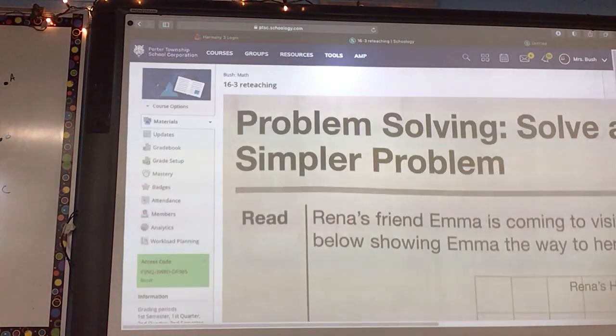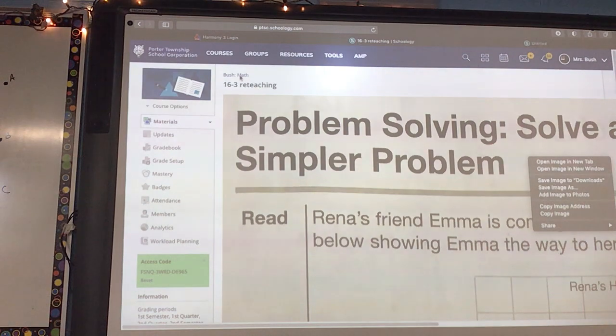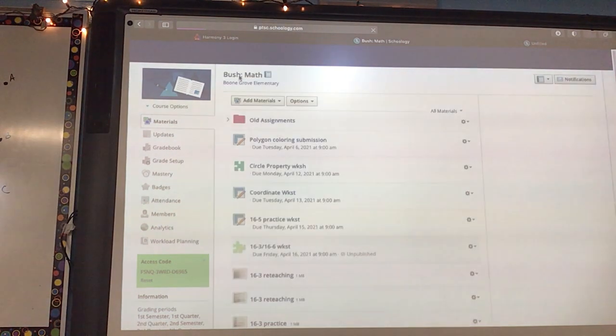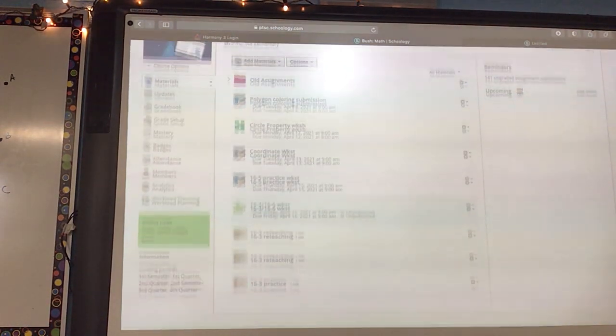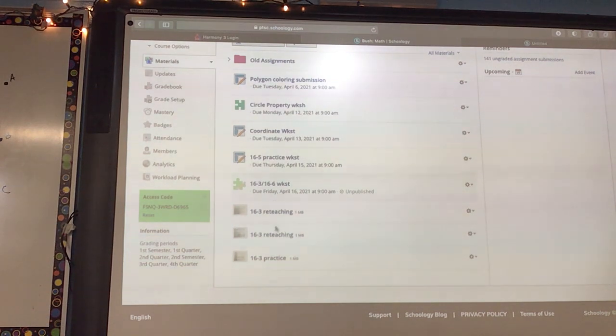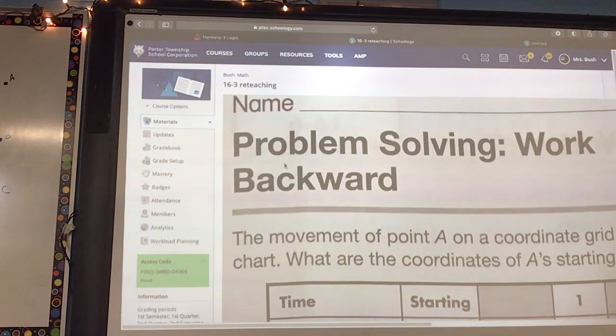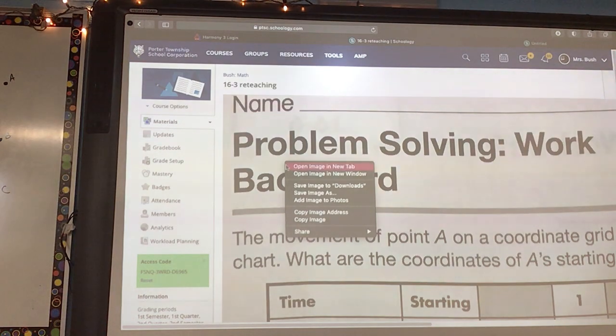Already disappeared again. There it is. Under math, I'm going to be looking at 16, oh, that should say 6. We'll fix that later. 16-6, reteaching.